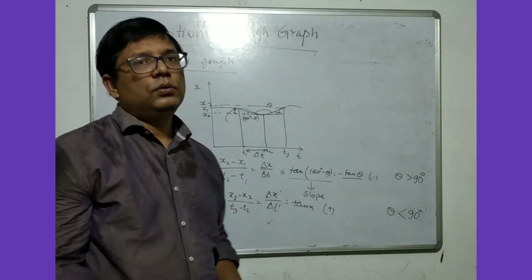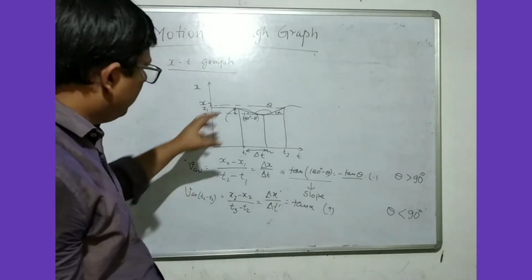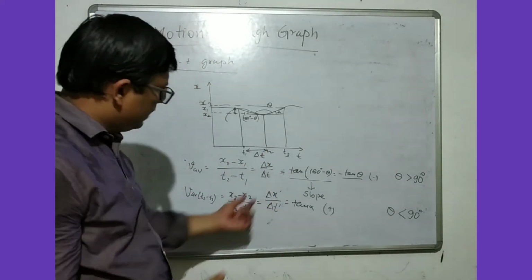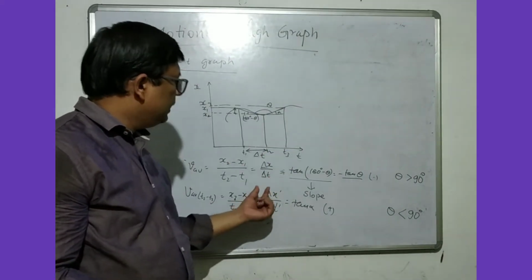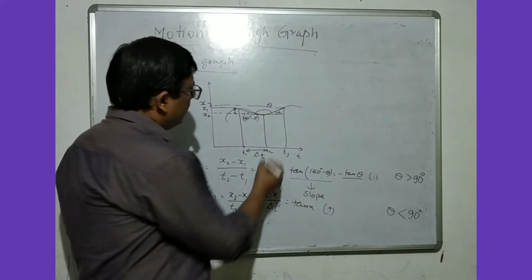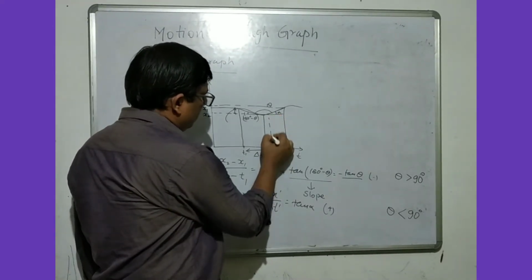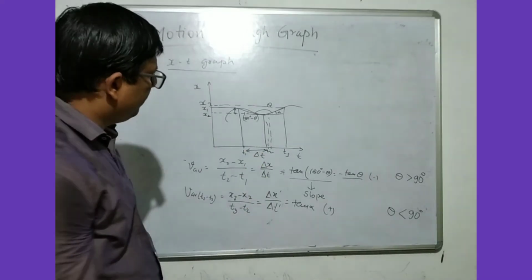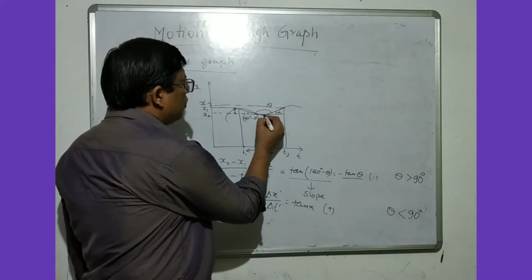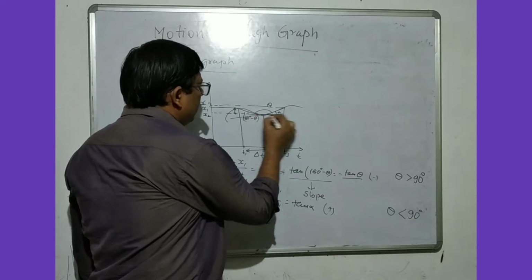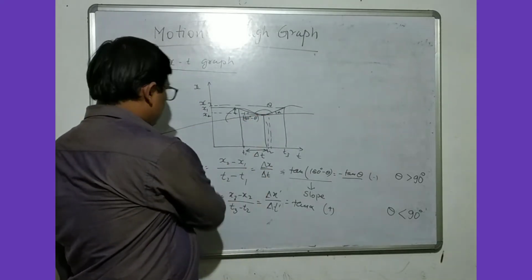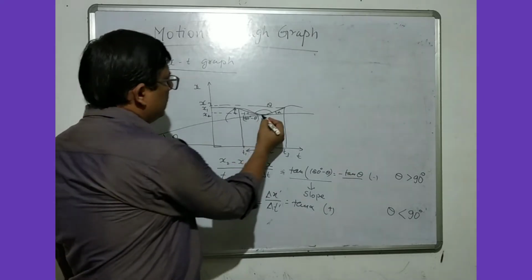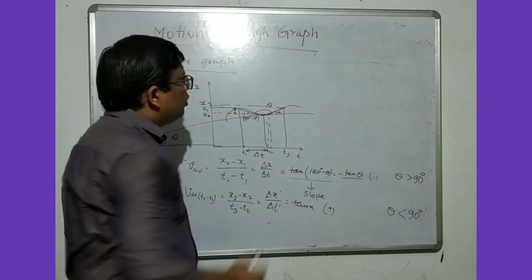Now if we want to get the velocity at some particular time t, we have understood that when we make this del t small, the two points start coming nearer, and finally the two points will merge, and we get the slope, and this slope is nothing but the tangent to the curve.